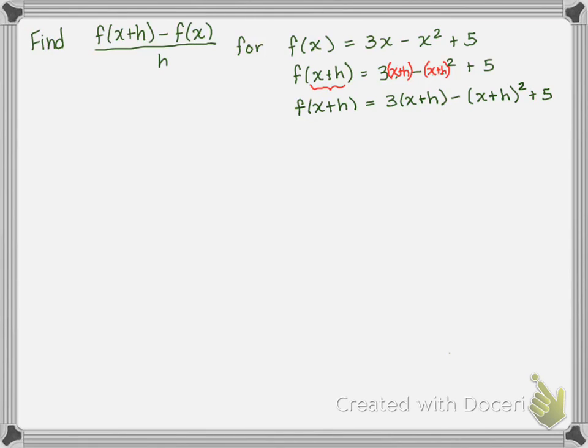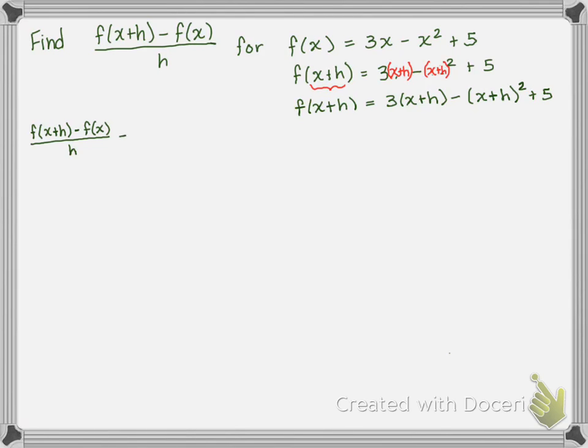I would like for you to write f of x plus h minus f of x over h one time. You don't have to write it in every single step, but you need to write it at the beginning of each problem when you do the difference quotient.